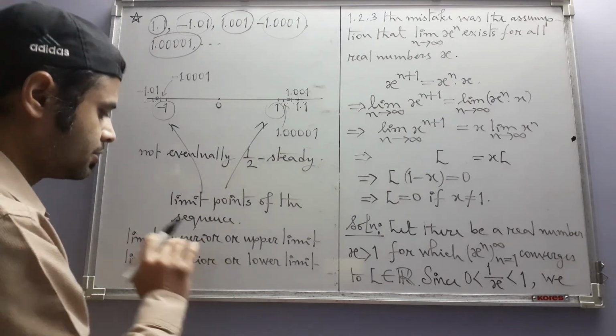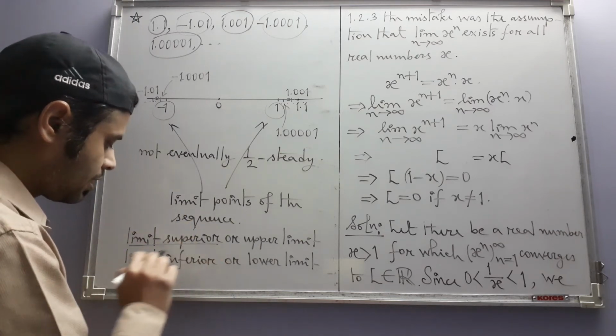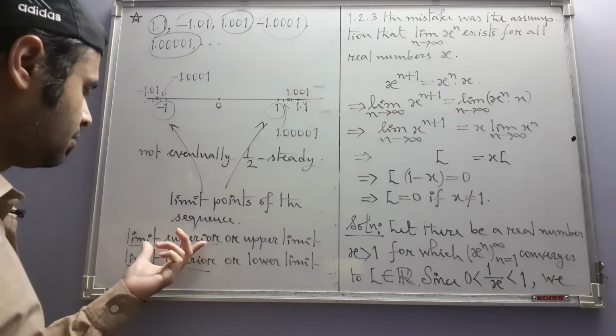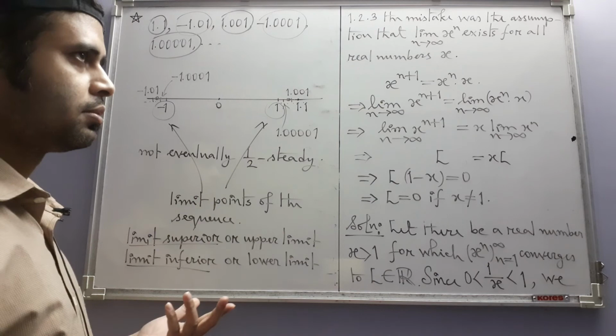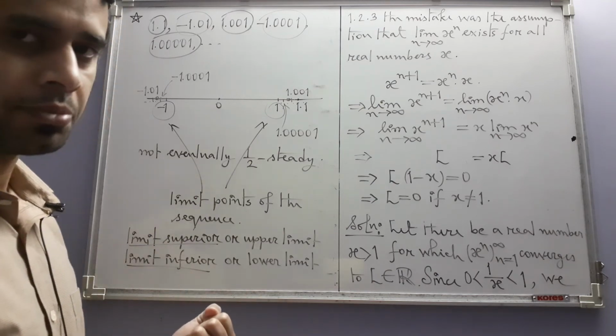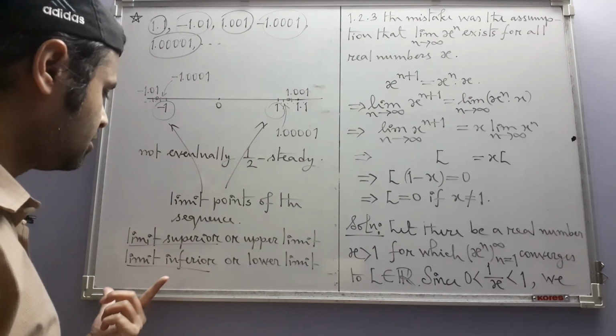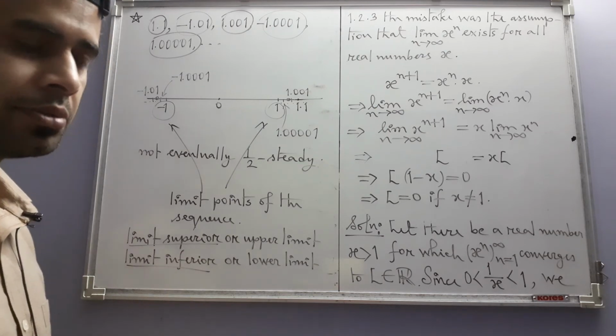But when these quantities are finite, then this turns out to be the greatest possible limit point, and this turns out to be the least possible limit point.